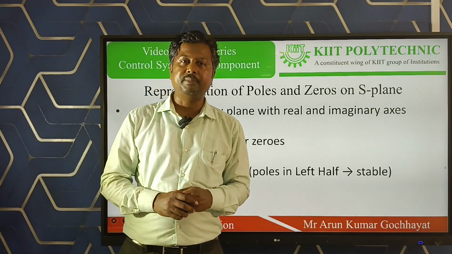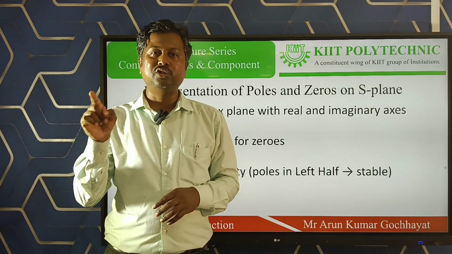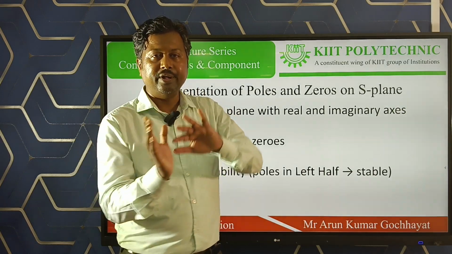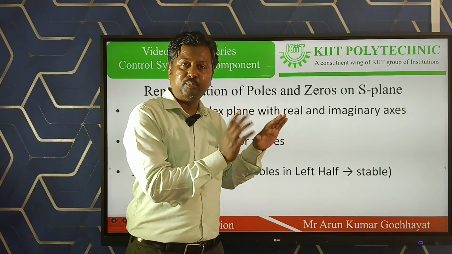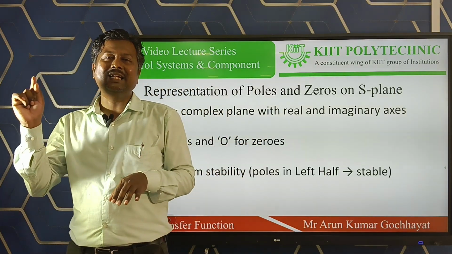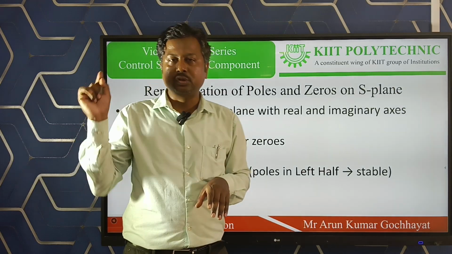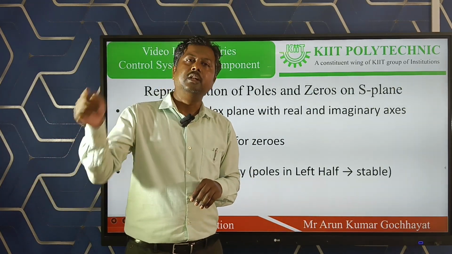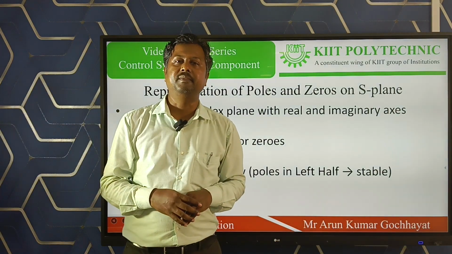So in that case what would happen? For that pole or zero only, the system becomes unstable. The remaining 4 stable poles and zeros lie over the left hand side. But as there is one unstable pole, due to the presence of that unstable pole, the whole system becomes unstable.